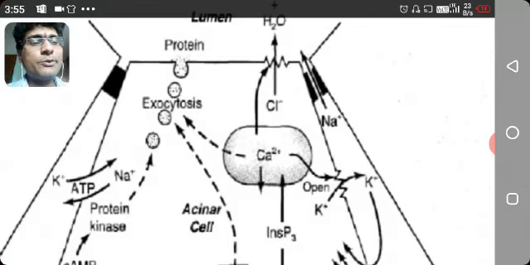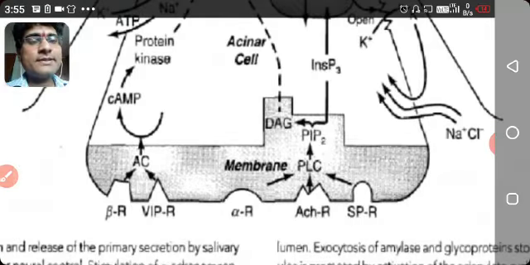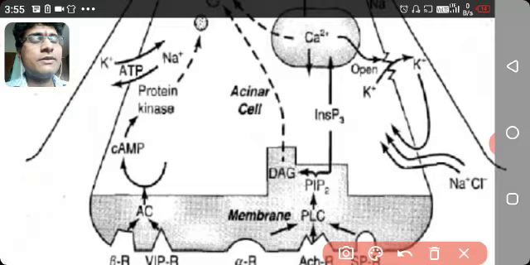Now another process is what? In another process also this happens, the excess amount of the DAG increases the exocytosis process.